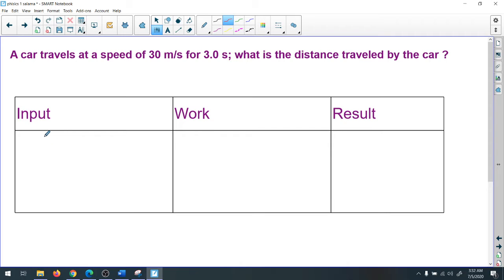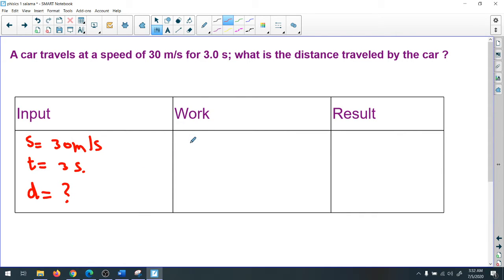So first you have to mention that the given speed s equals 30 meters per second. Given time equals 3 seconds. We need to find the distance. Distance is unknown.